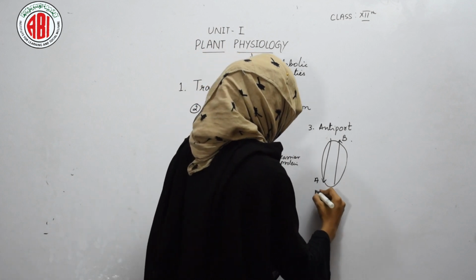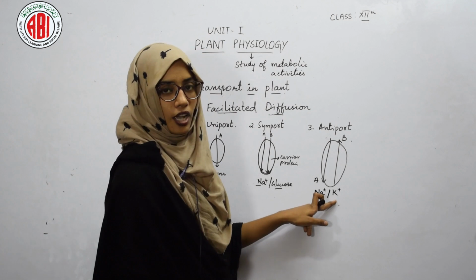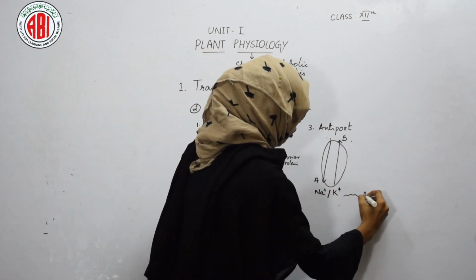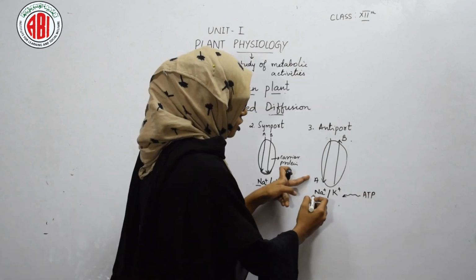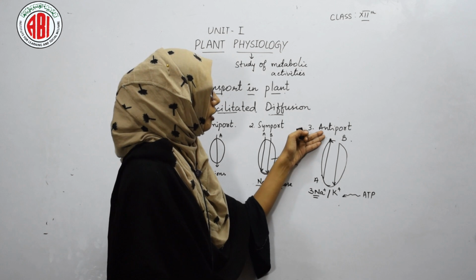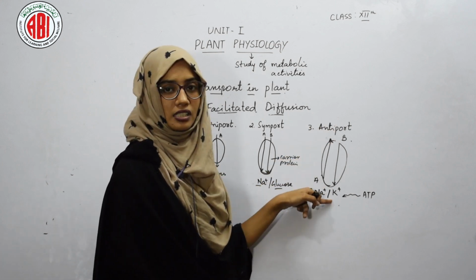And under antiport, we can take the example of sodium ions and potassium ions. And here it uses one molecule of ATP, and it shows that three sodium ions are moving outside, resulting in the movement of potassium ions inside the cell.